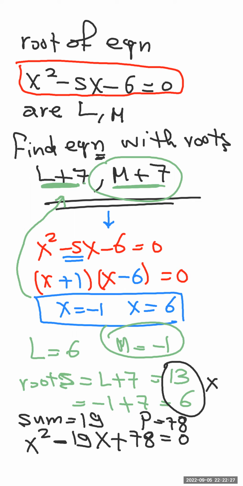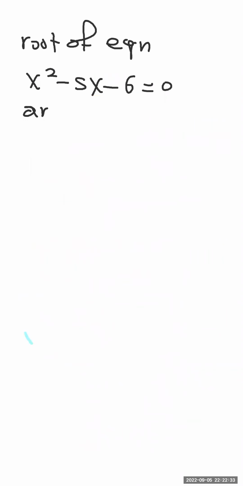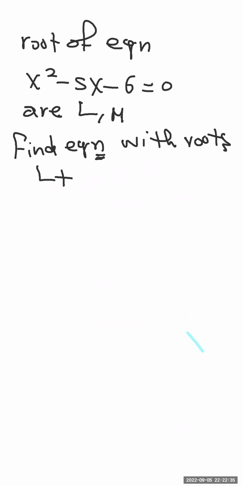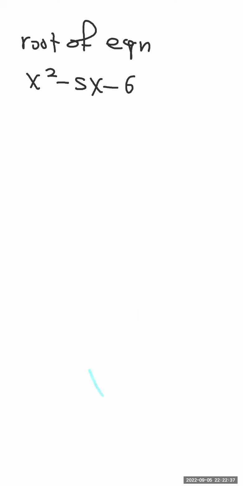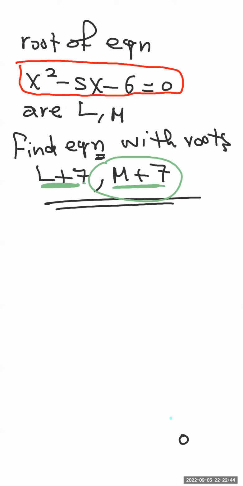The second method. In the first method, I just got L and M, then I added 7 to each of them to get the new roots. Okay, there is another way, of course. How? This root is L plus 7.